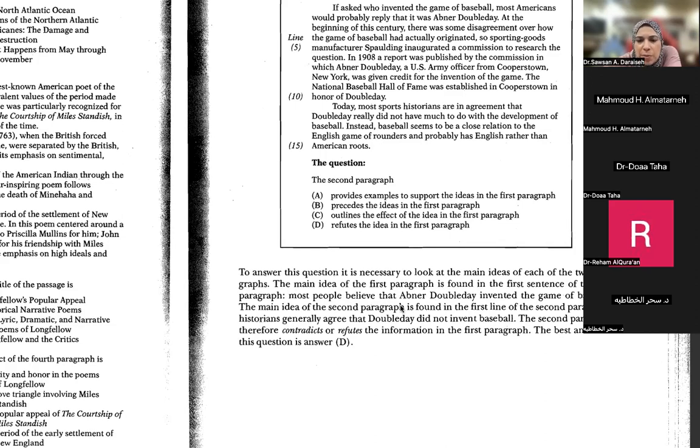The main idea of the second paragraph is found in the first line of the second paragraph: Historians generally agree that Doubleday did not invent it. See how that's why we say the second paragraph refutes the first. So the second paragraph, therefore, contradicts. This word is important, Dr. Mahmoud. Contradicts means in opposition to it. In opposition means refutes, conflict.